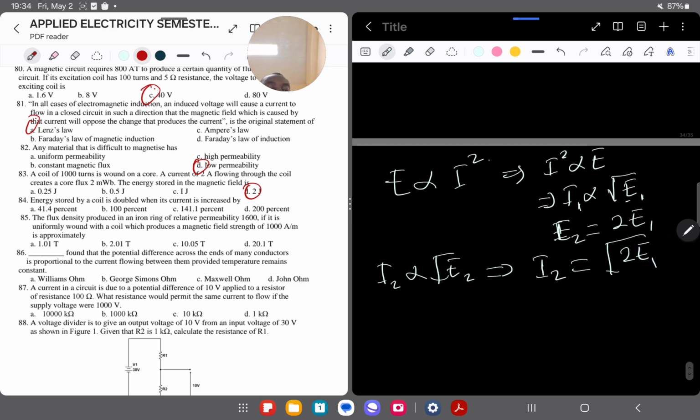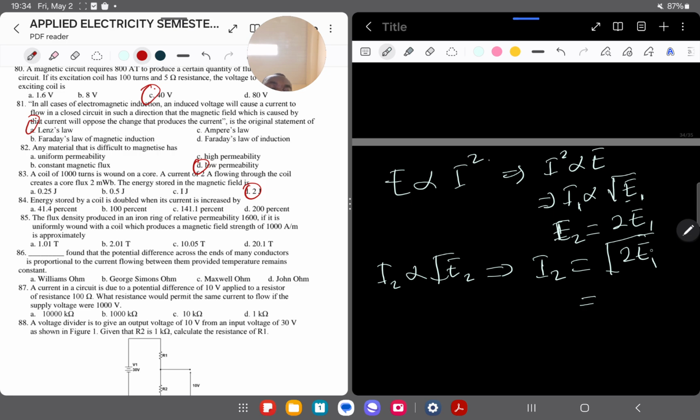So if you double the energy, you are now going to have the square root of 2 times the energy.